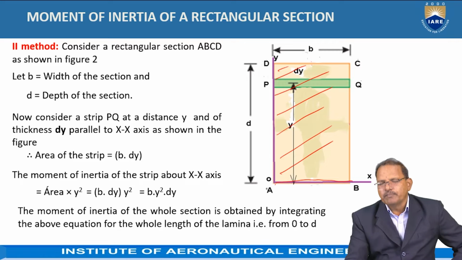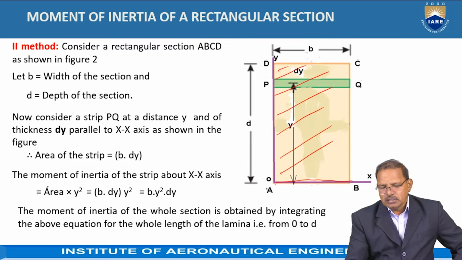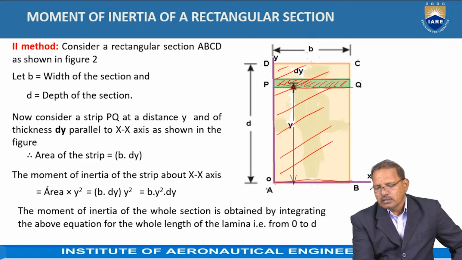First let us find the moment of inertia of that entire area about the line AB, which is represented here as the x-axis.